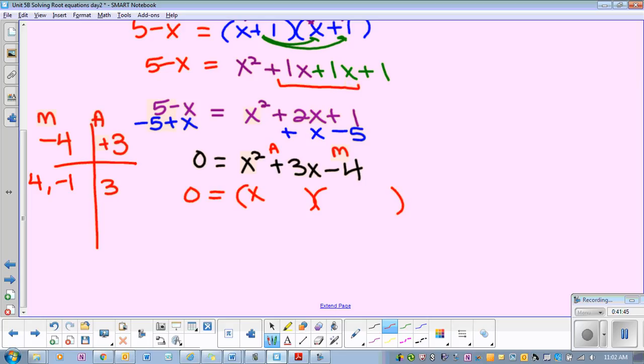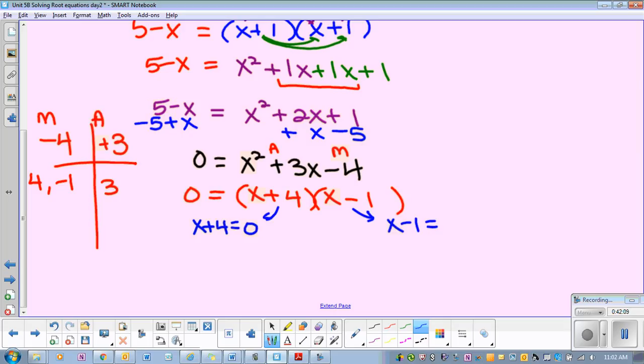So x and x. What goes in one of them? Okay, what 4? Plus or minus? Plus. Good. Plus 4, and then what with the 1? Good. Alright, and there we go, mini equations. So x plus 4 equals 0.